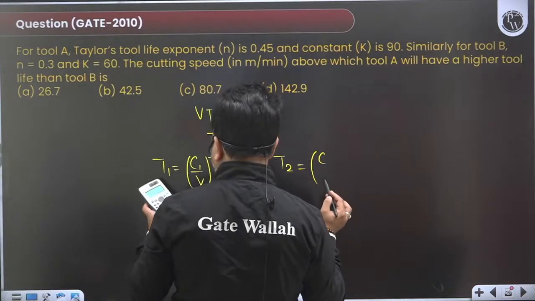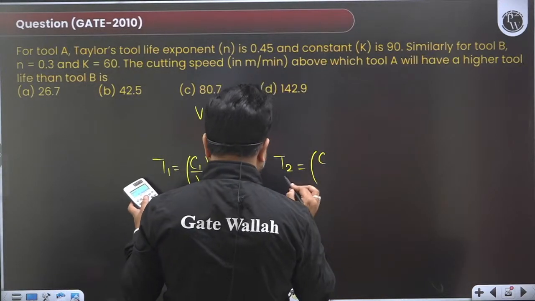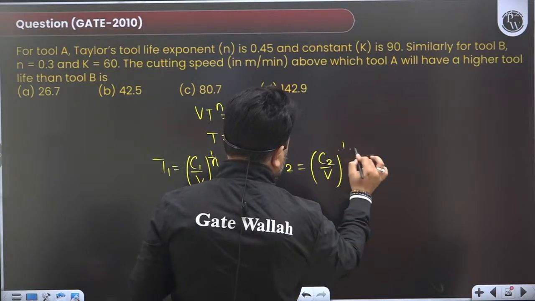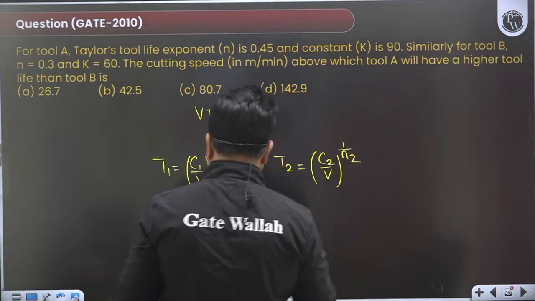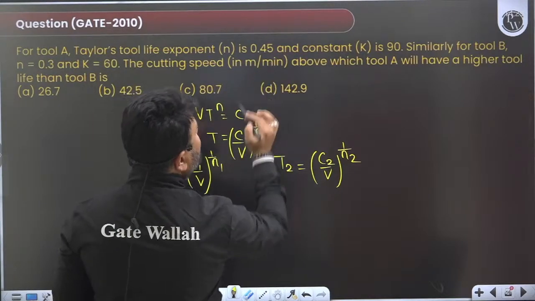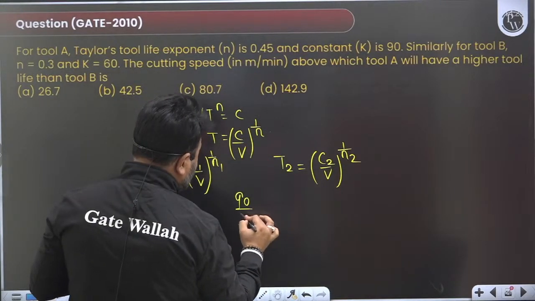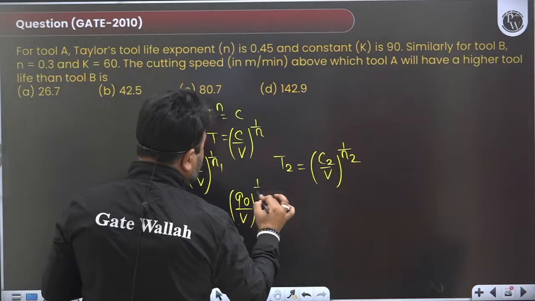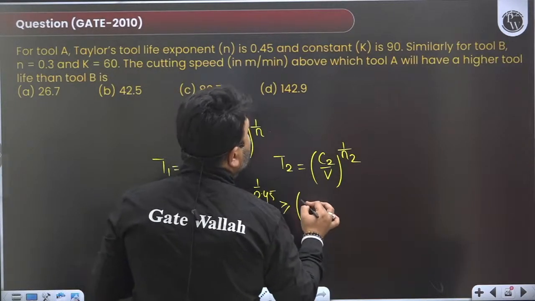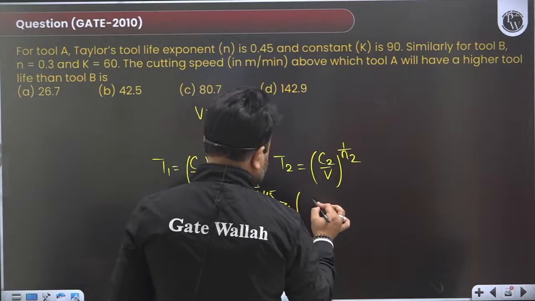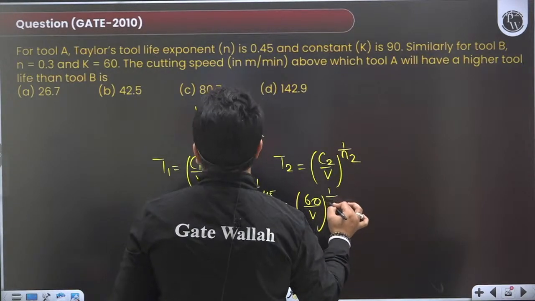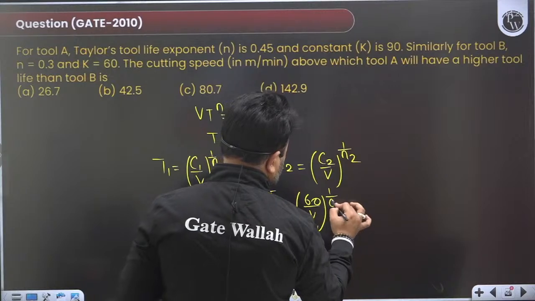At which velocity does tool 1 have a higher tool life than tool 2? So C2 by V to the power 1 by N2. So T1: what is C1? 90 divided by V to the power 1 divided by 0.45, greater than or equal to 60 divided by V to the power 1 divided by N2, that is 0.3.